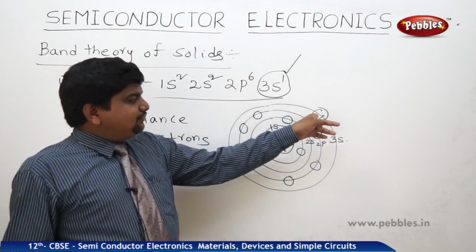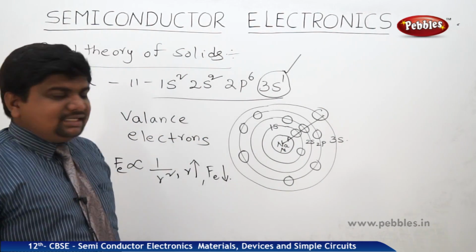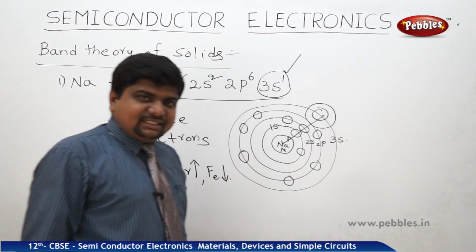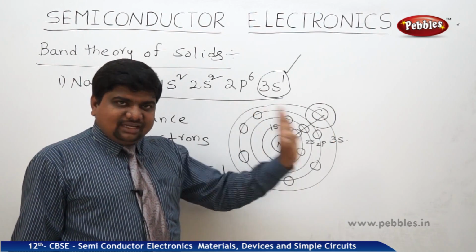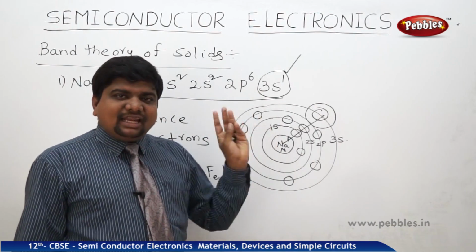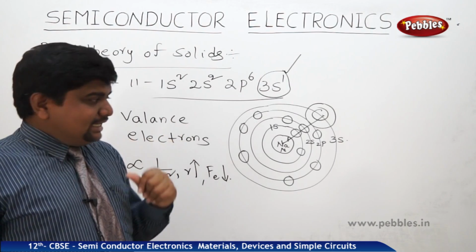So the electrostatic force from the nucleus to the electron is very less. That's why this electron is freely available to react with other materials. Such electrons are called valence electrons. There is an energy band which is filled with valence electrons, and that energy band is called the valence band.